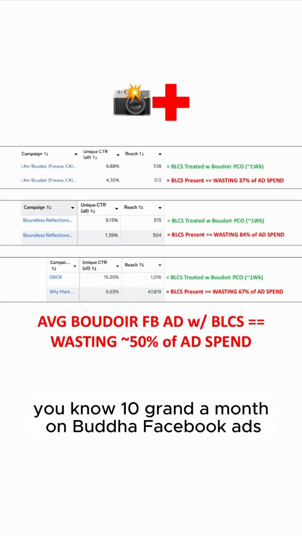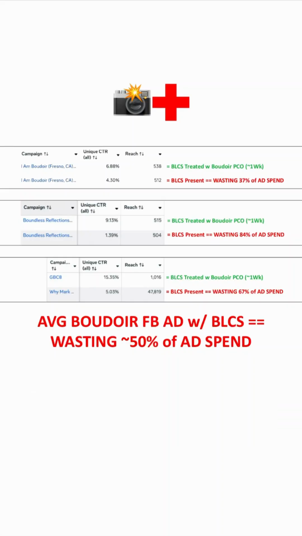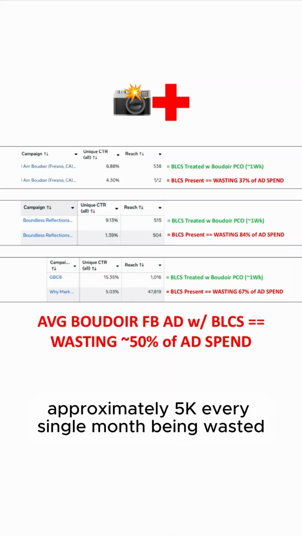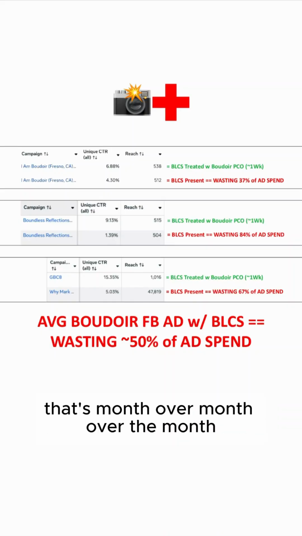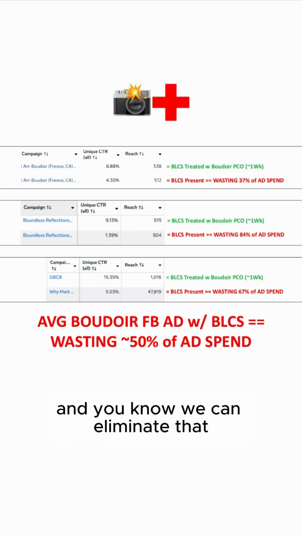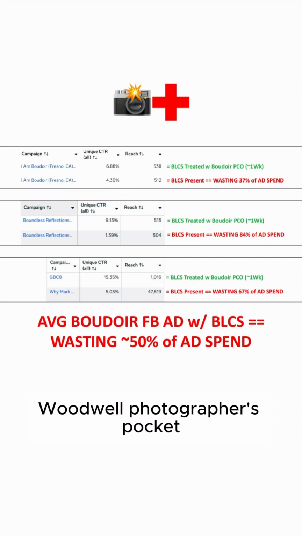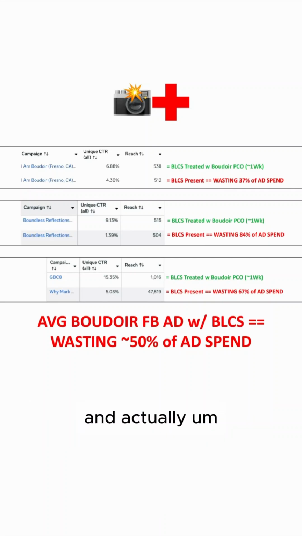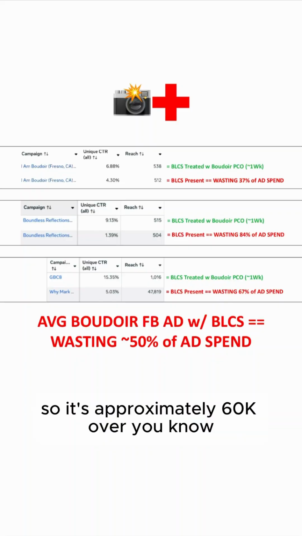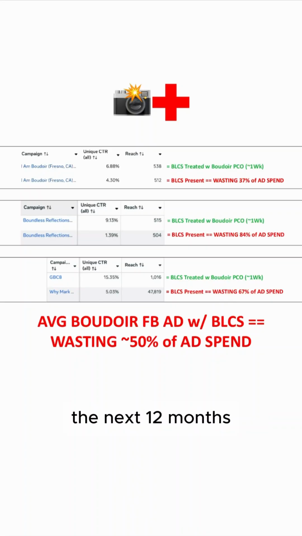So if they're spending 10 grand a month on Boudoir Facebook ads, then approximately 5K every single month is being wasted. That's month over month over month. And we can eliminate that, put that 5K approximately back into the Boudoir photographer's pocket, so it's approximately 60K over the next 12 months.